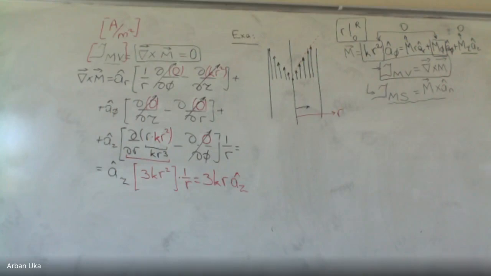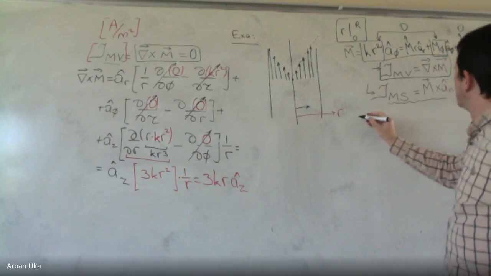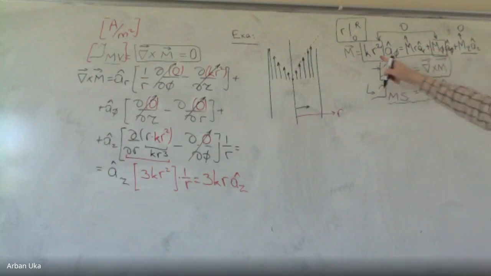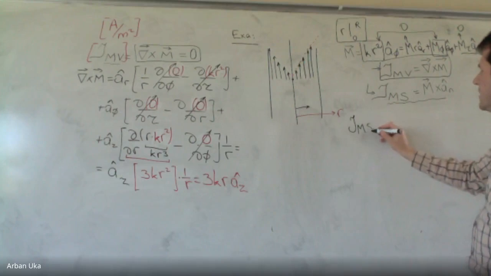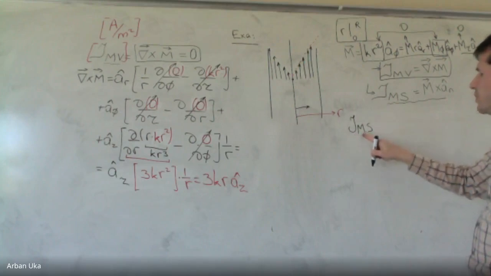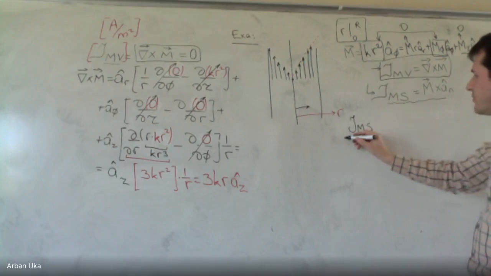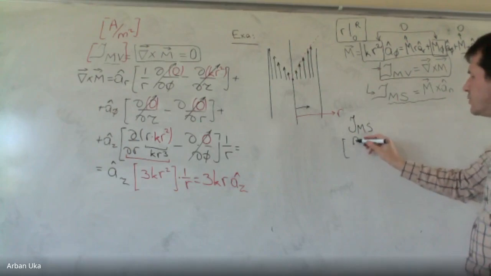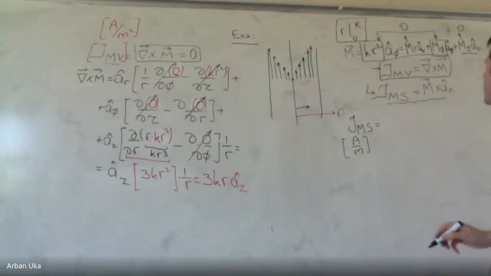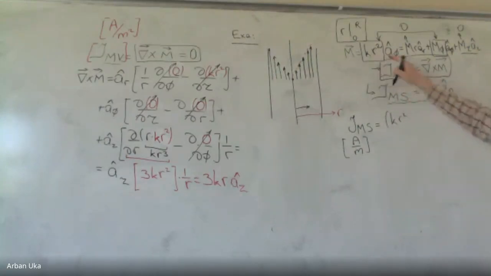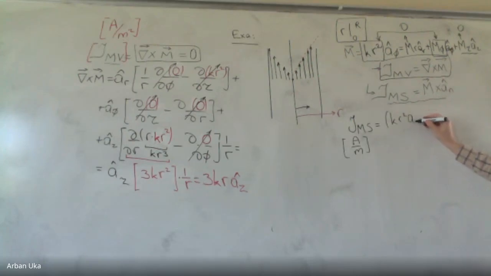M itself is KR squared, so here we have JMS, the current density because of the magnetization on the surface, with a unit measured in amps per meter. This is going to be equal to KR squared times A phi.